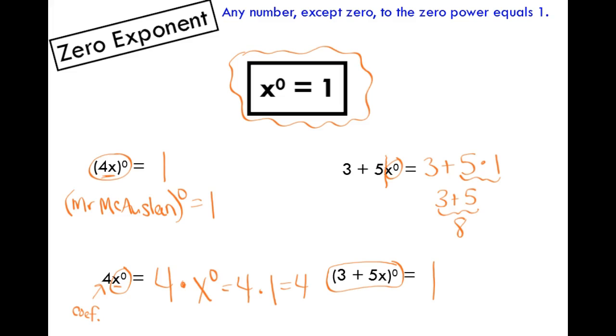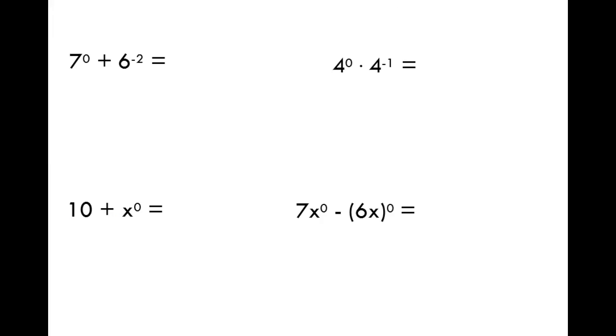Alright, in the last page we're going to challenge you a bit with some combinations of the 0 and the negative exponents. I'm going to do the first two, and then you're going to do the last two. So in this one here, we have 7 to the 0. I'm going to circle what becomes 1, write a 1 underneath, plus.